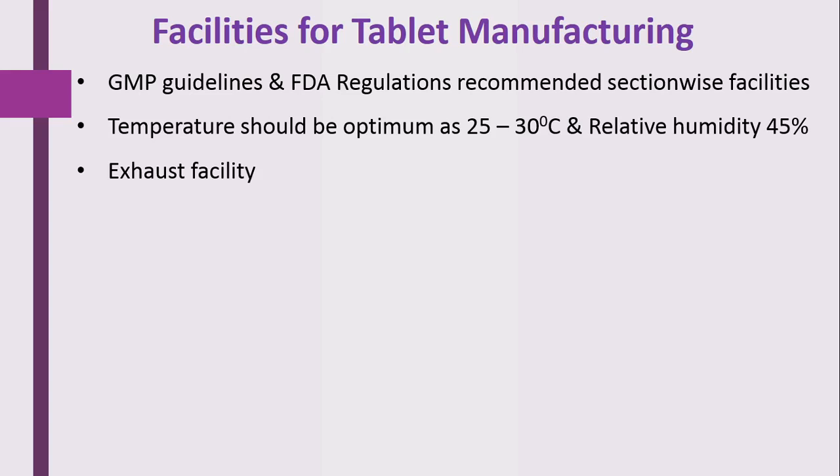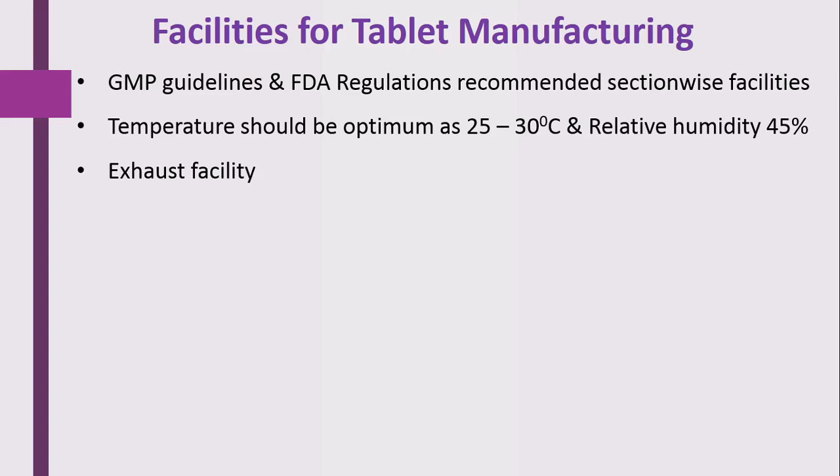The temperature of all these departments or sections should be optimum at 25 to 30 degrees centigrade, and the relative humidity should be 45%. These committees also recommend an exhaust facility. These facilities are required in all the sections present in the tablet manufacturing unit.